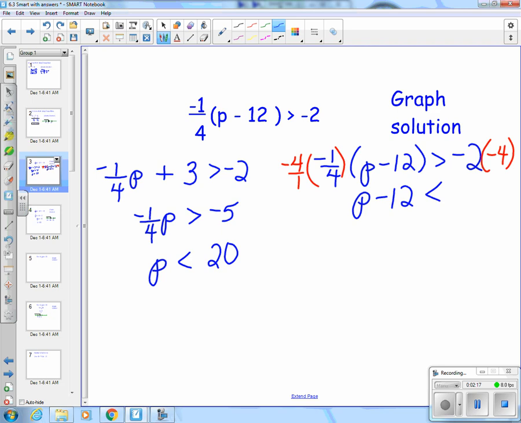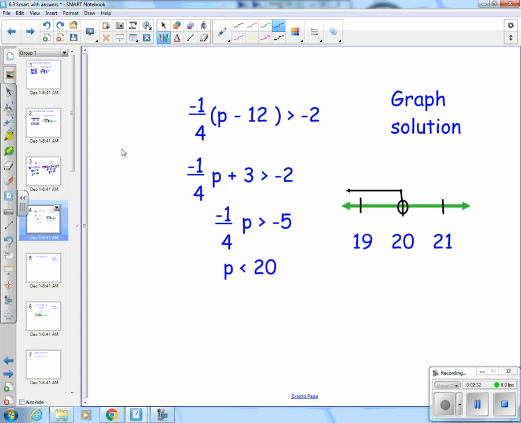Now we flip our inequality symbol and have 8, and I add 12 to both sides, and we still have p is less than 20. Both ways are great to do. It depends on what works best for the problem. So you then have your open circle on 20 with an arrow to the left, please.